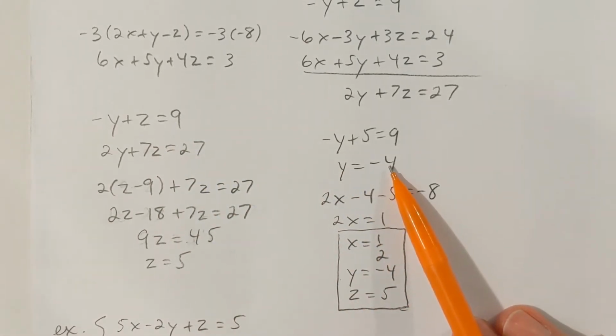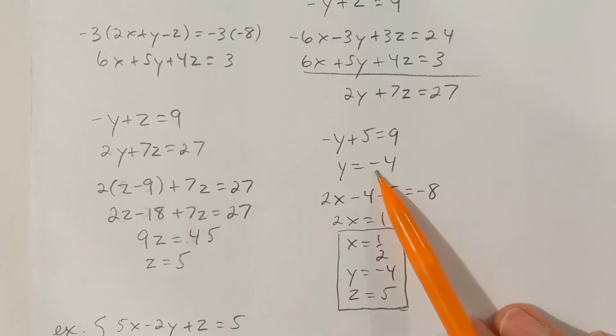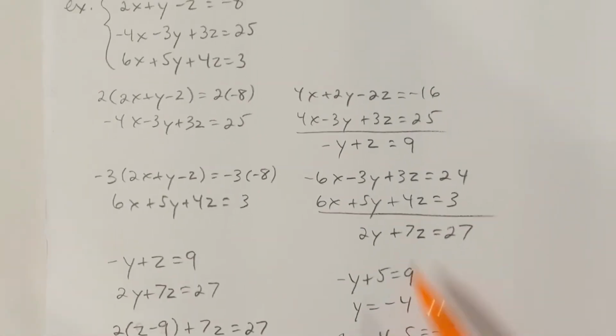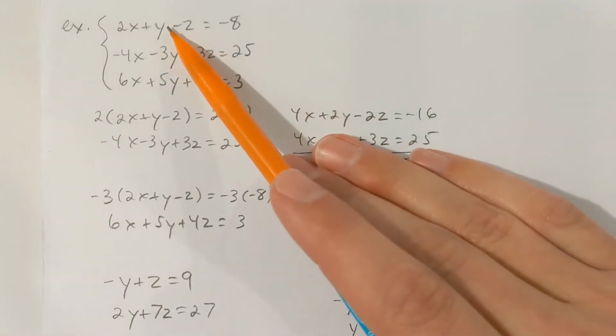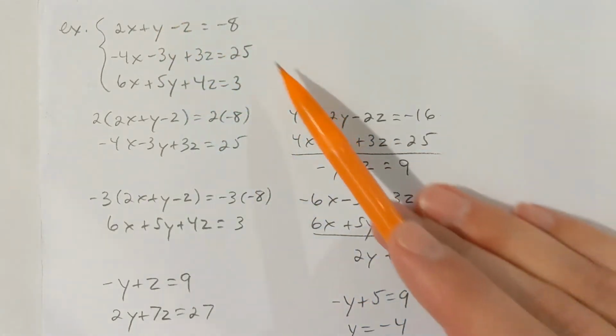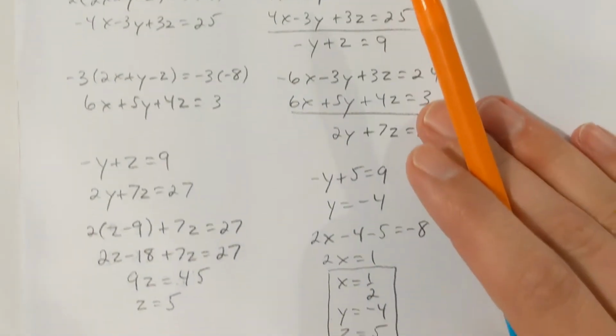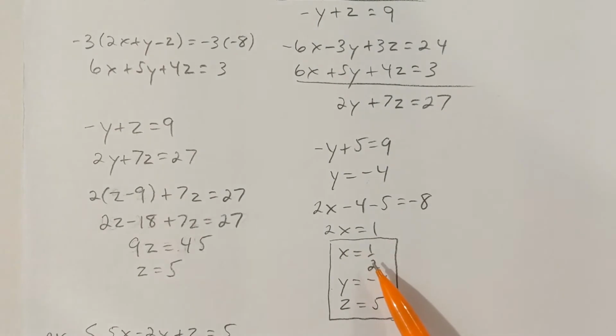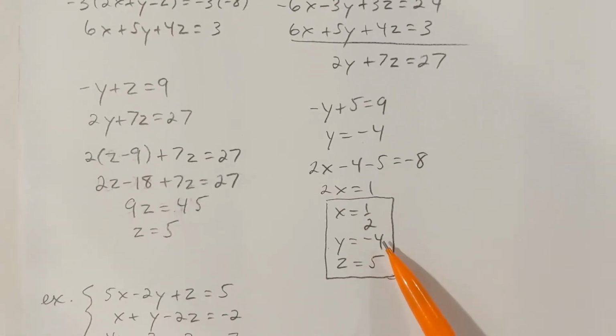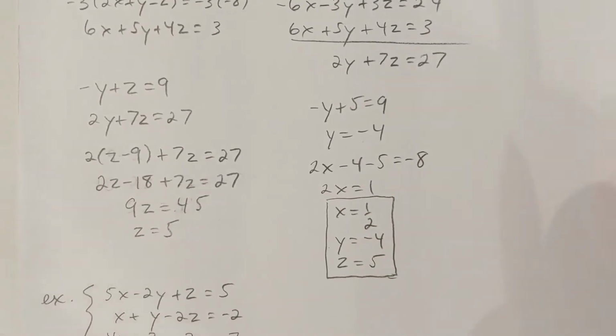If z is 5 and y is -4, and you plug that into the first equation, I'm getting x equal to 1/2. So x is 1/2, y is -4, and z is 5 would be the solution to that one.